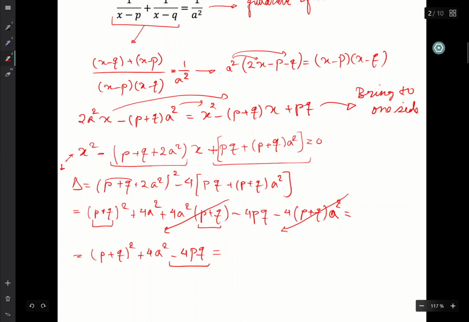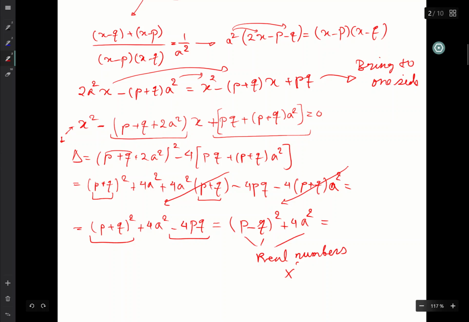And if I simplify p plus q squared minus 4pq, I end up with p minus q squared plus 4a to the fourth. And since all of these are real numbers, and one of the properties of real numbers is that when you square them, they are non-negative, delta of this equation is always non-negative.